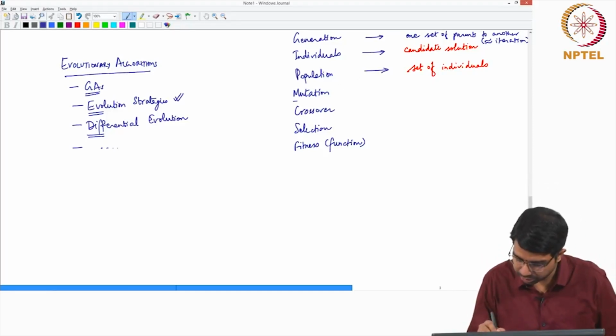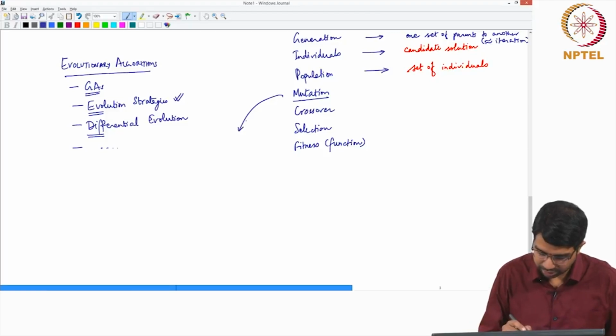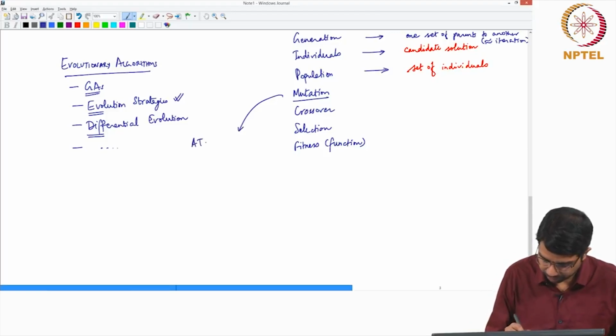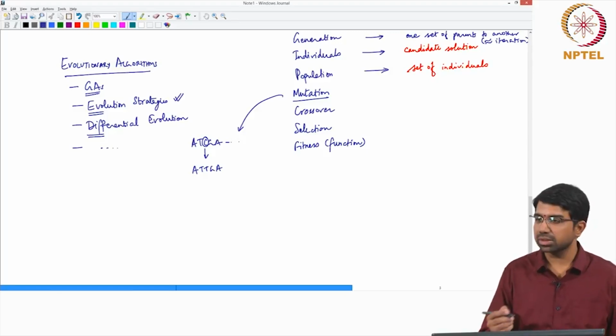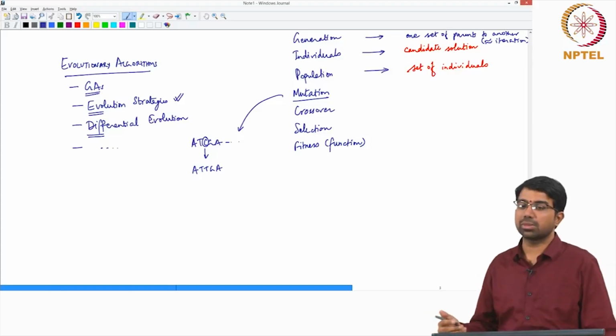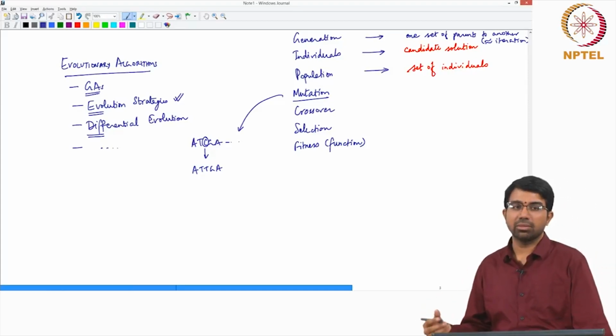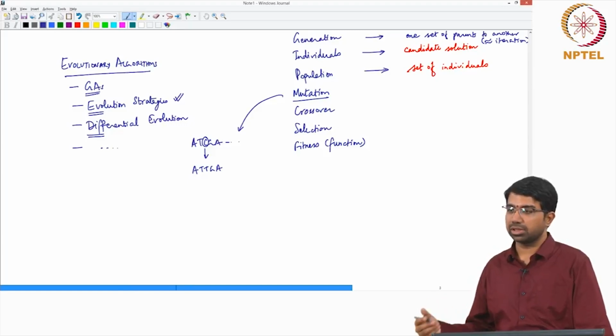So, what is mutation? In biology, if you have a sequence like this, and if this becomes this, that is a mutation, one base that is changing. This can subsequently cause some change in the protein, maybe a change in function, gene expression, and so on.